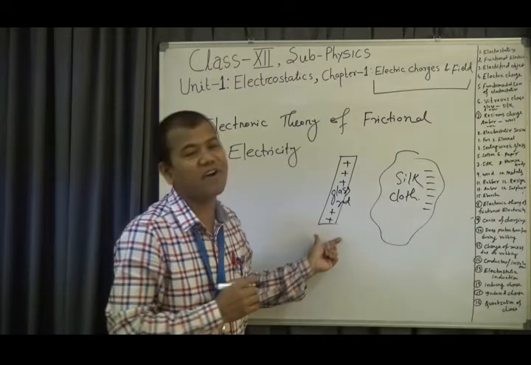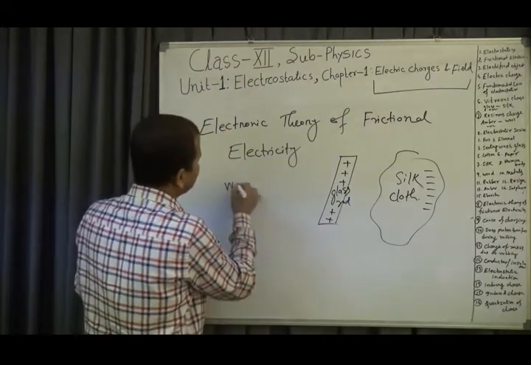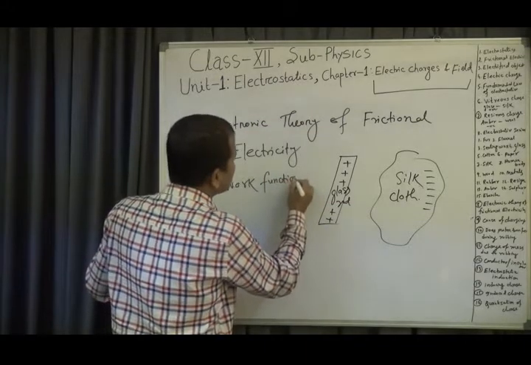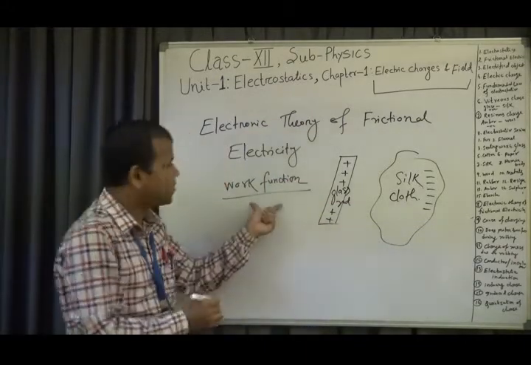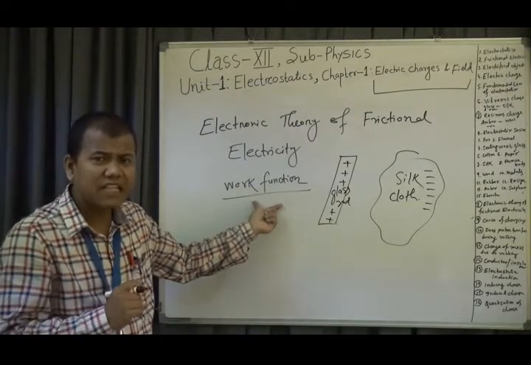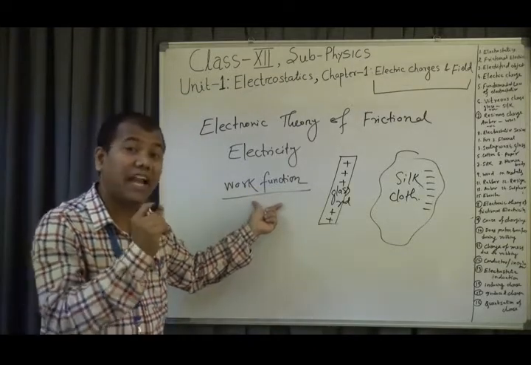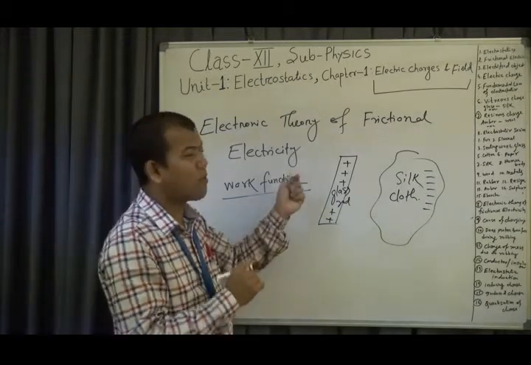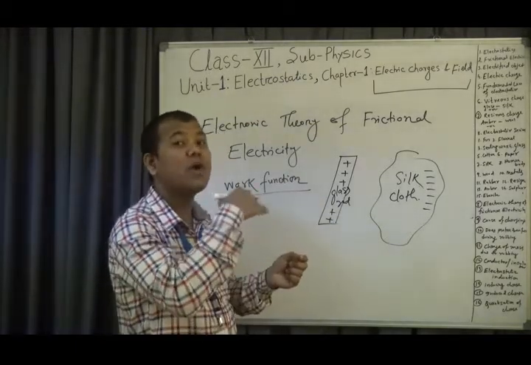It is about the work function. So let me explain the concept of work function. What is work function? It is the amount of energy required to transfer an electron from one object to another object.